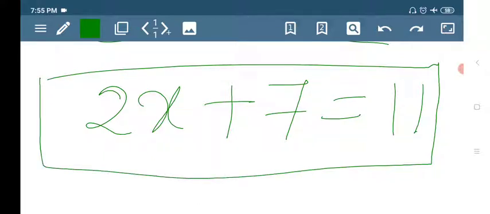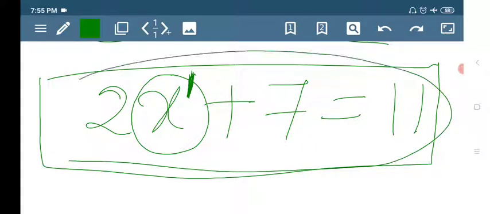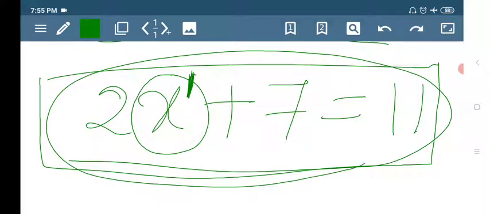We call this linear when the variable has only power 1. If there is no power on x, it means that it has power 1. So such equations are called linear equations in one variable.